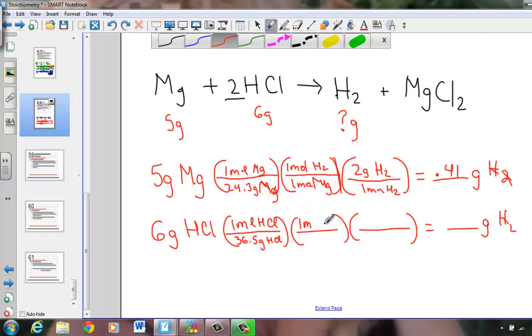Its coefficient is a 1, so I place 1 mole of hydrogen on the top. Coefficient for HCl, however, is a 2, so my ratio here is 1 over 2. I still have the same target, the molar mass of molecular hydrogen, 2 grams per mole.